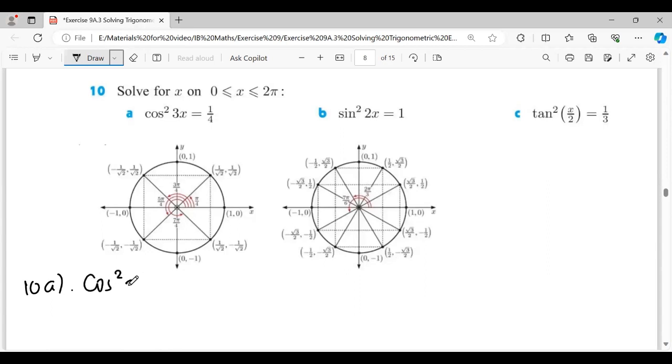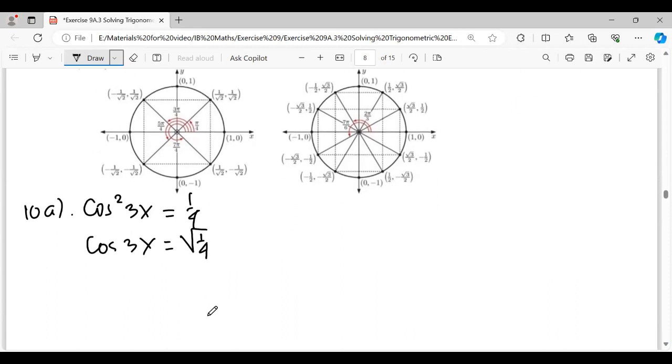If cosine squared 3x equals 1/4, it means cosine 3x equals the square root of 1/4, so cosine 3x equals plus or minus half, because the square root of 1 is 1 and the square root of 4 is 2.